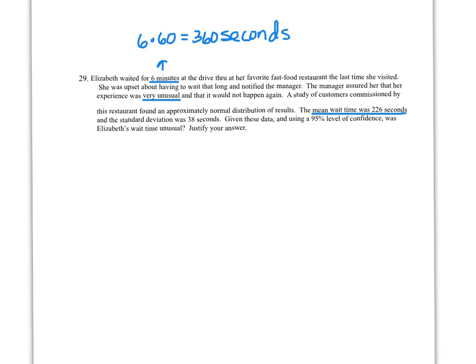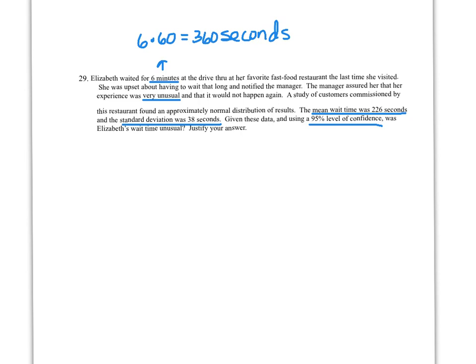All right, the other bit of information they give you here is that the standard deviation was 38 seconds. Another reason why I changed 6 minutes to seconds, because that way everything's on the same unit of time. Now, it says, given these data and using a 95% level of confidence, was Elizabeth's wait time unusual?